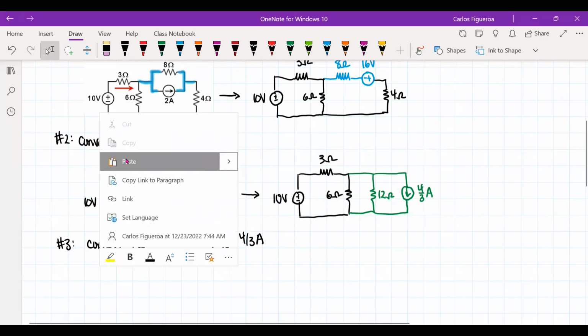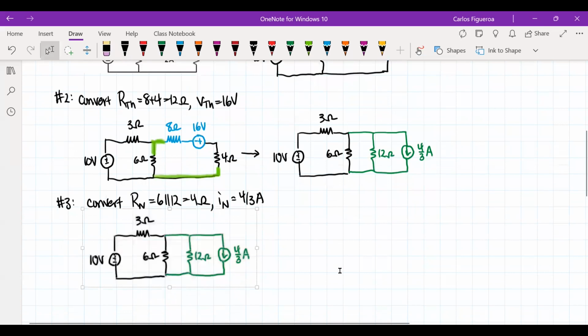I'm now going to convert that into a Thevenin circuit. If I look at where I'm doing this, you can see I've got two parallel branches, these parallel branches here. So if I convert that, I get what?